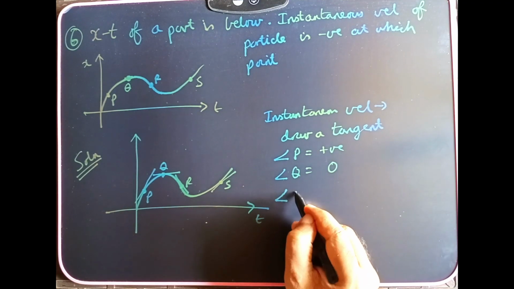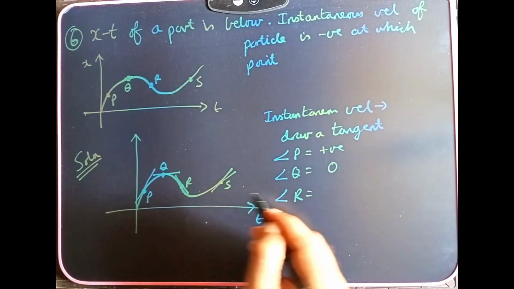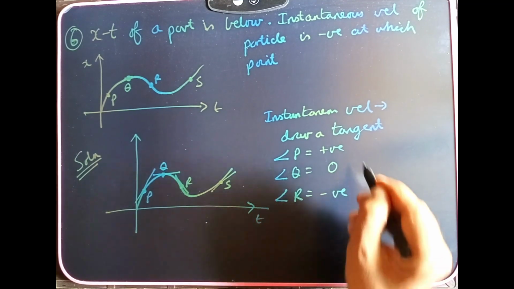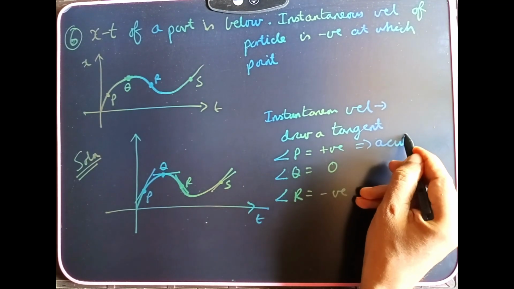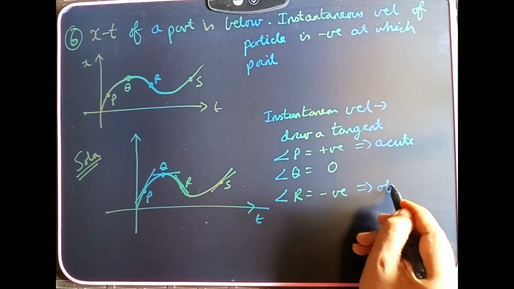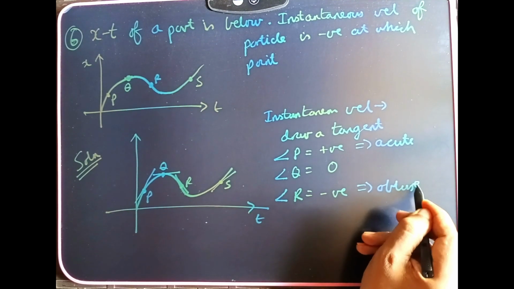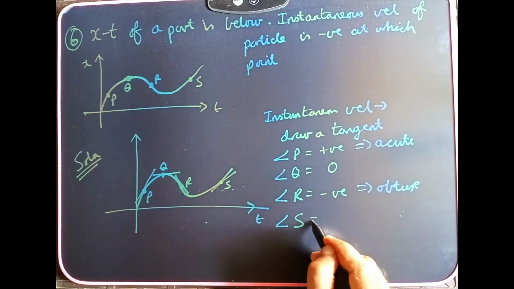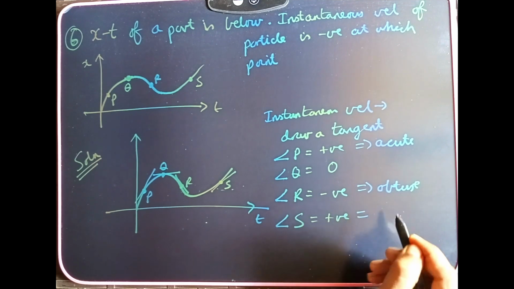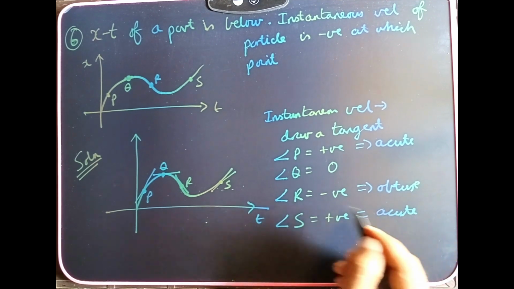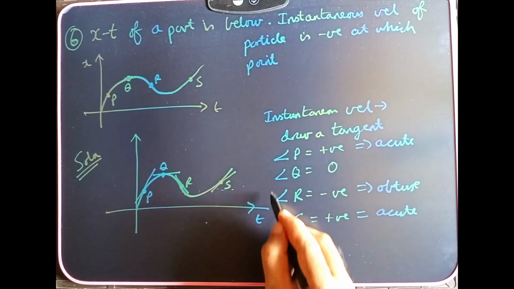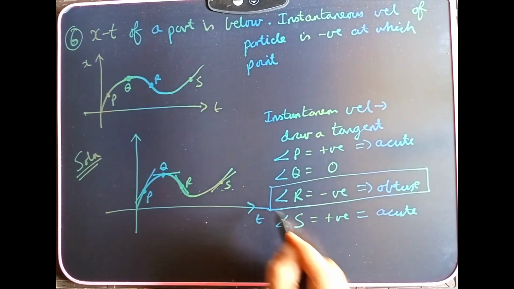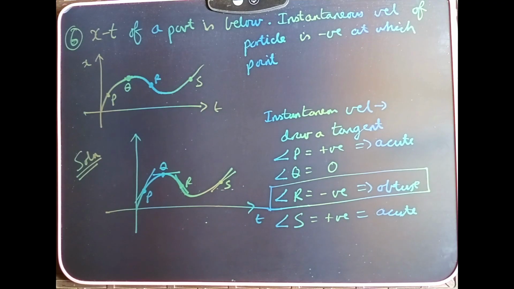Likewise at point R, the angle is obtuse. Obtuse means negative. At point S, the angle is acute, so it will be positive. So it's clear here that the velocity will be negative at point R. I hope it is easy peasy for you to solve displacement-time graph related problems.